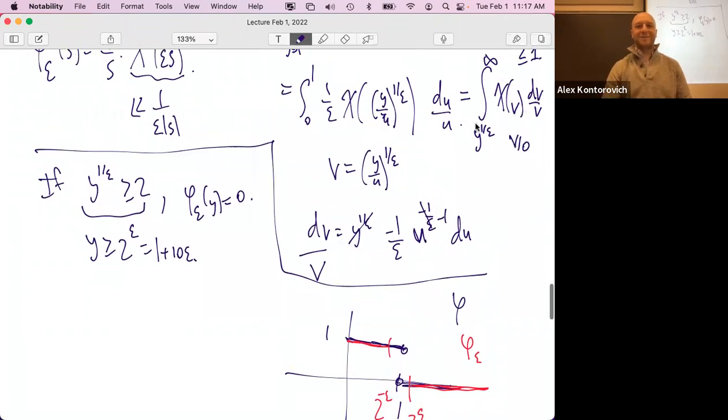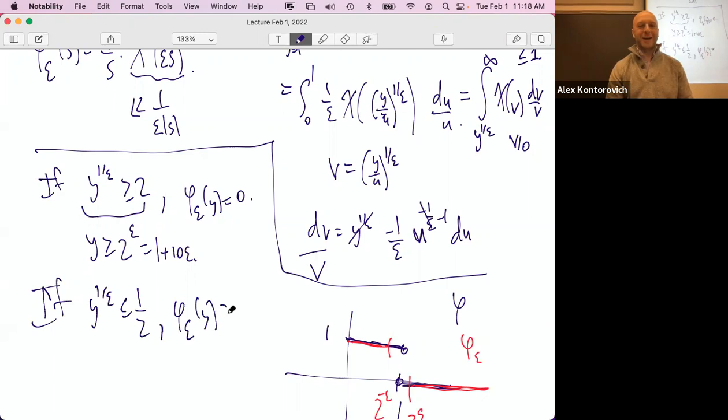For the same reason. If y to the 1 over epsilon is less than a half, then this ranges over the full range where chi has support. So phi epsilon of y is identically 1, which is y being less than 2 to the minus epsilon. And in between, it's between 0 and 1. I can't say anything about what it does. It just does something smooth.